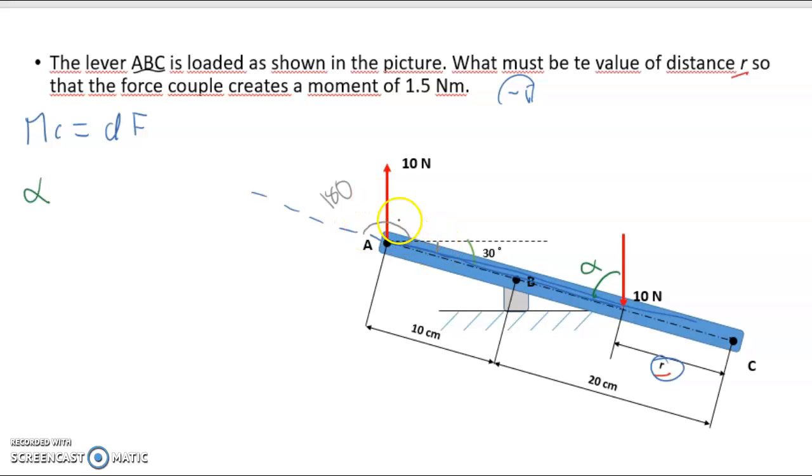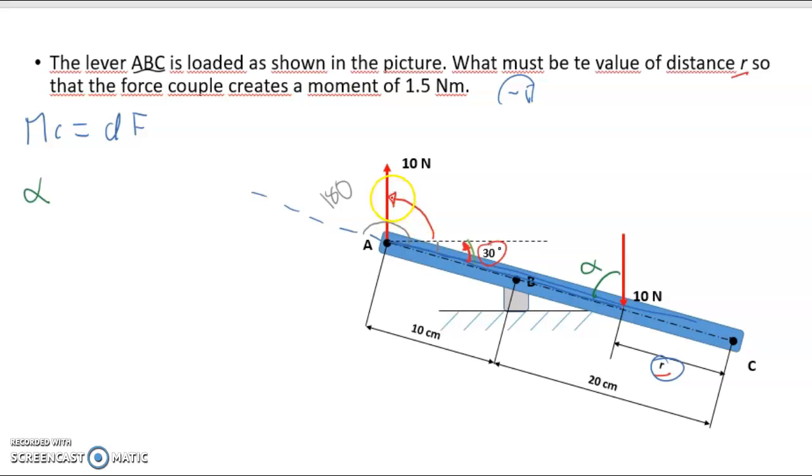The first element is given by the 30 degrees in here. What is the other known section? This one right here.